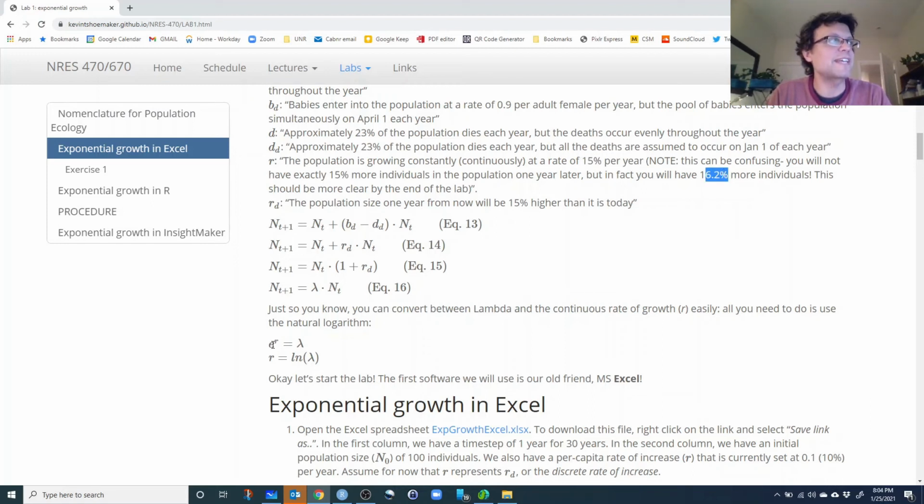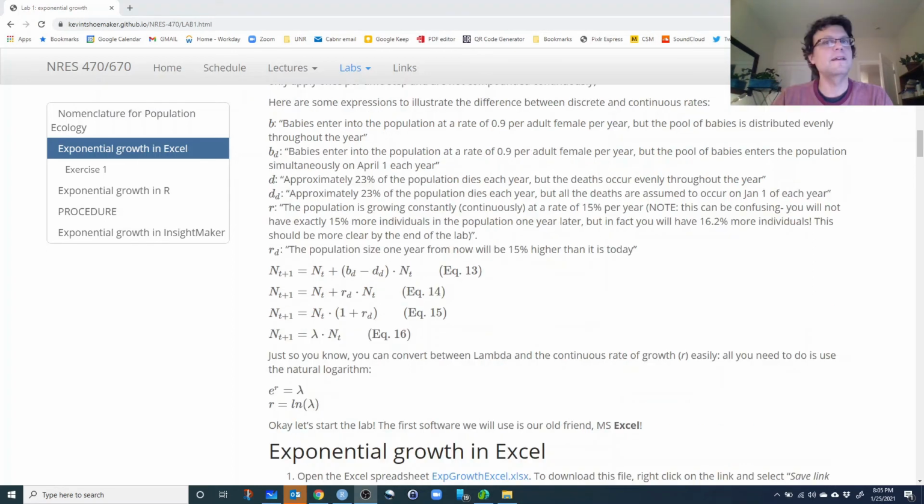You just have to take e, the base of the natural logarithm, to the r, the intrinsic rate of population growth, to get lambda, and that is the actual amount by which the population grows over, say, a 1 year period. Now, don't feel like you have to understand this right now.